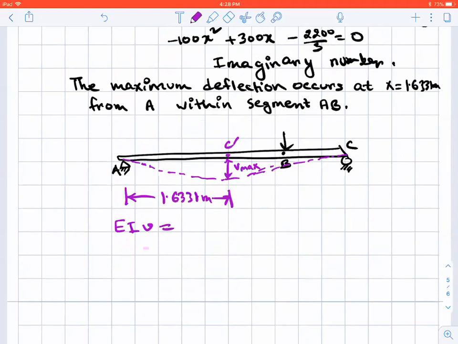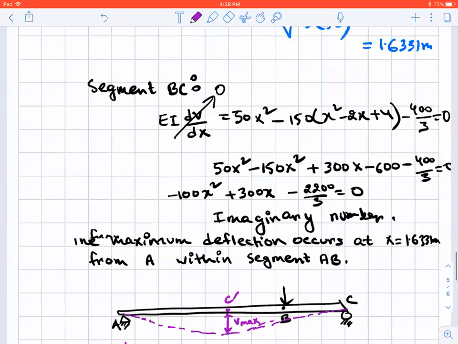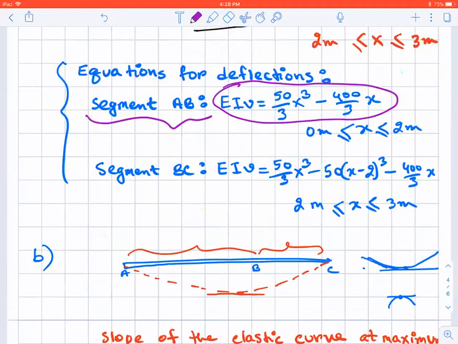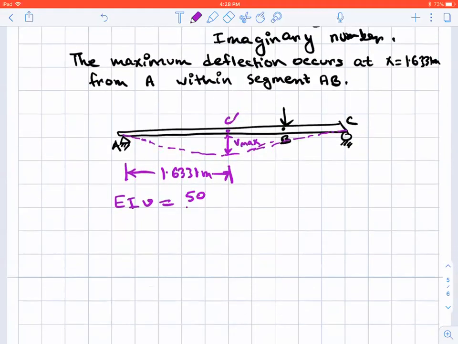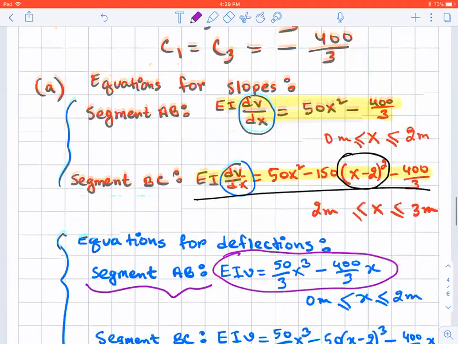So the equation is 50 over 3 x cubed minus 400 over 3 x.